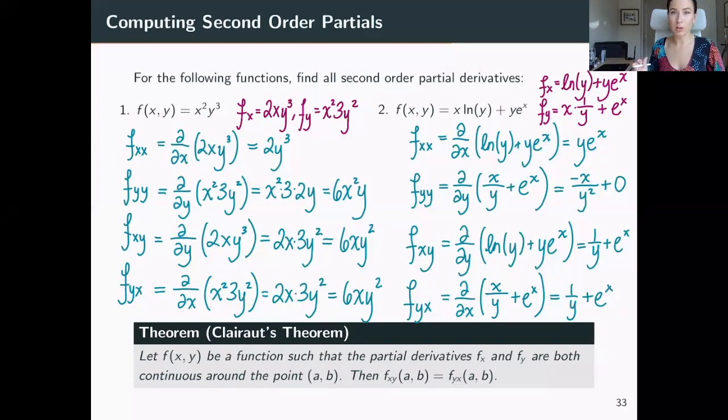So here are all the answers you should have gotten. For fxx in the first example, we're taking the derivative of the x partial derivative. So here, the partial derivative with respect to x, we're treating our y as constant. So this y cubed is a constant.